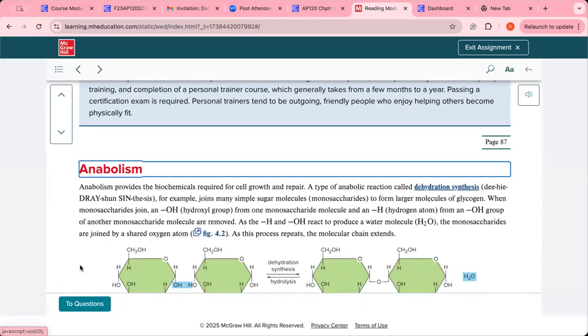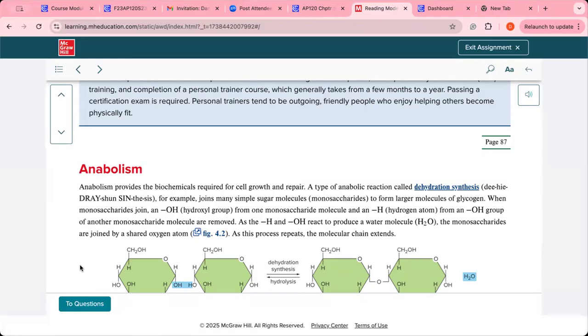So anabolism provides the biochemicals needed or required for cell growth and repair. A type of anabolic reaction, so that means it requires energy input, right? Called dehydration synthesis, joins many simple sugar molecules to form larger molecules of glycogen.